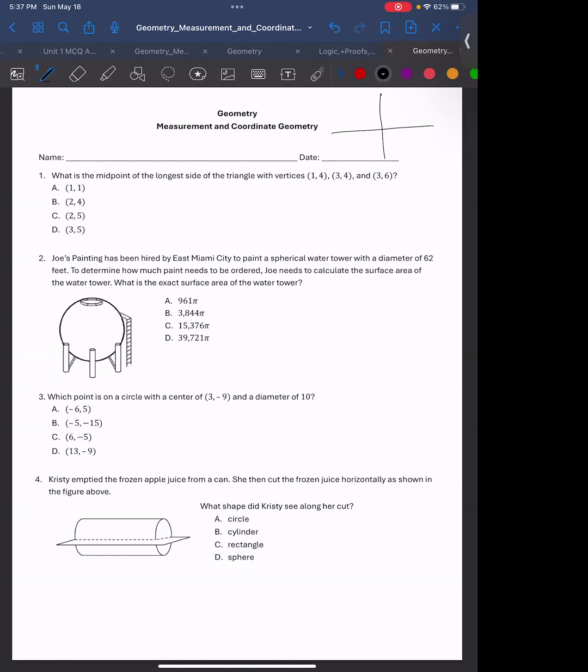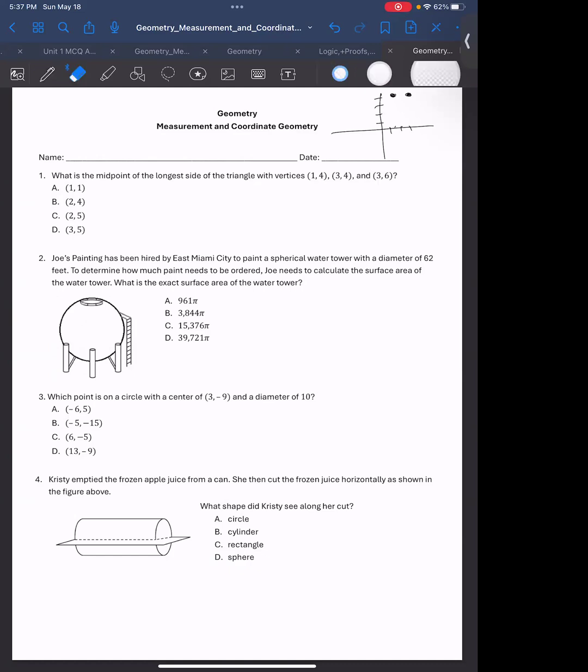You know the scrap papers that they give you are graph paper. So you have the grid, so you can easily get it together. (1, 4). Then I have (3, 4). And then I have (3, oh, I did this wrong.